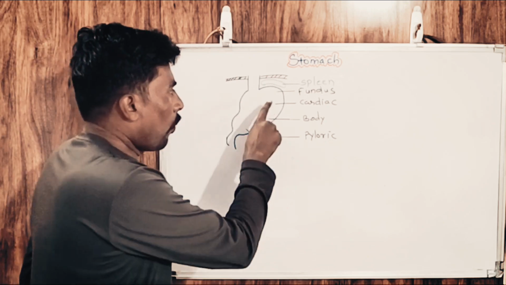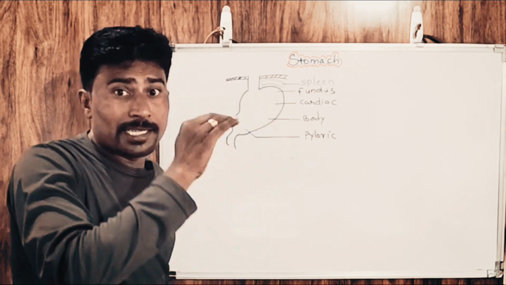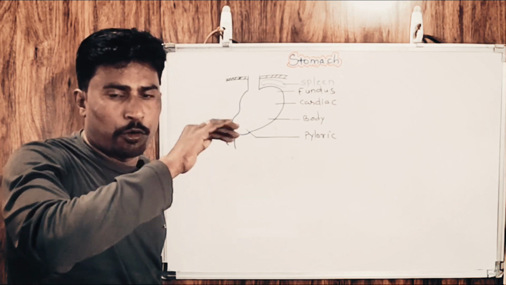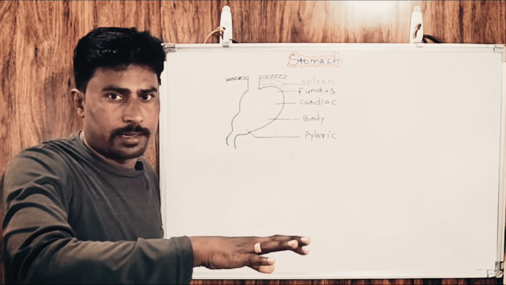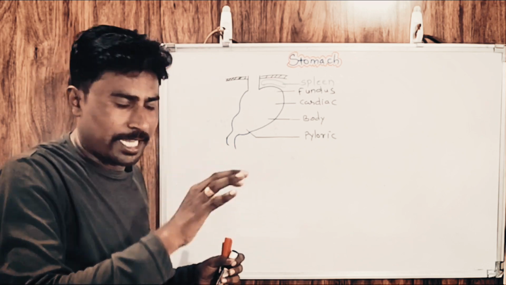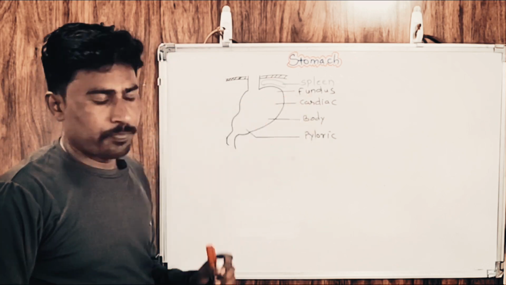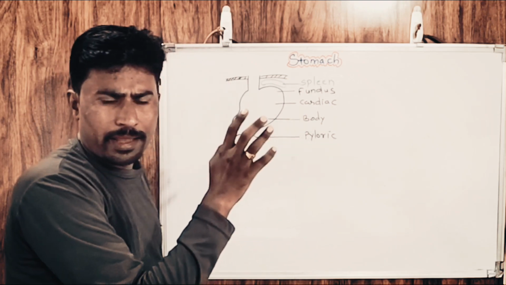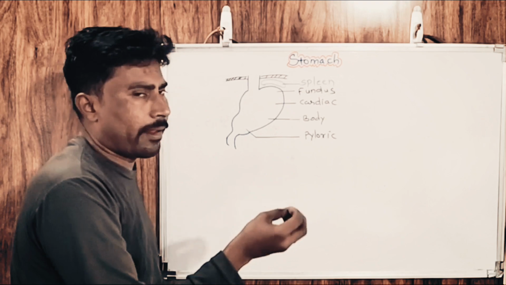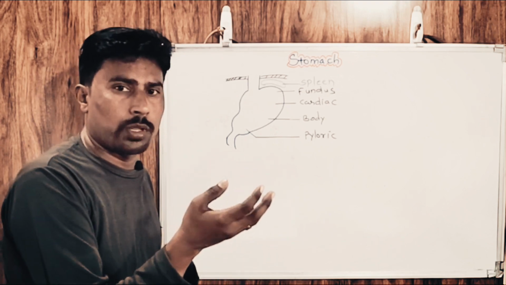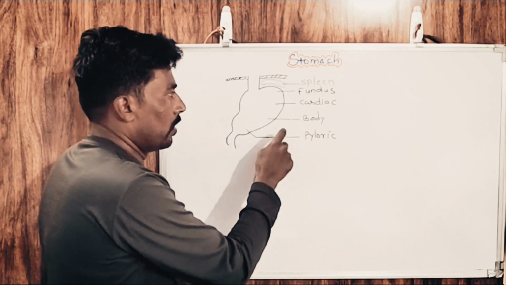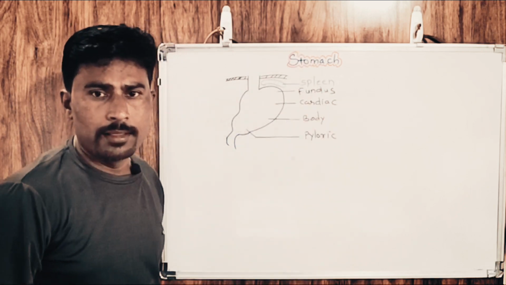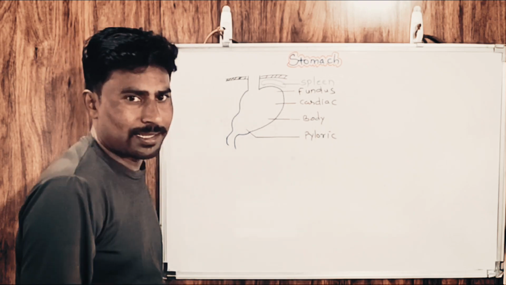And remember, this fundus part is dome shaped, like some vessel if you inverted it and kept it down, how it looks, dome shaped, that is the fundus. And this is the cardiac. In a real condition they call it cardiac because it is nearer to the location of the heart. So you might be thinking, sir, if the fundus is even closer to the heart, why not call the fundus the cardiac?